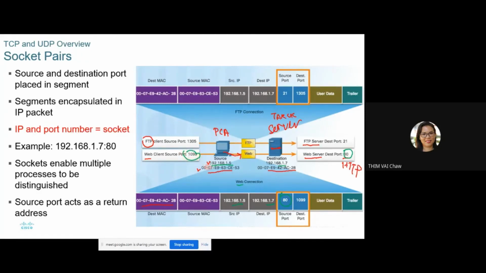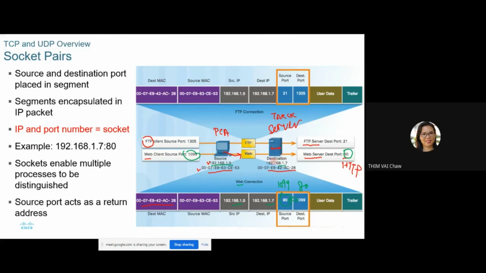Sorry, I think this part has a problem. This one should be reversed, because at this moment you are sending this data to the server. So your destination port should be 80 and the source port will be 1099. You are the one who sent it to the destination device over here.